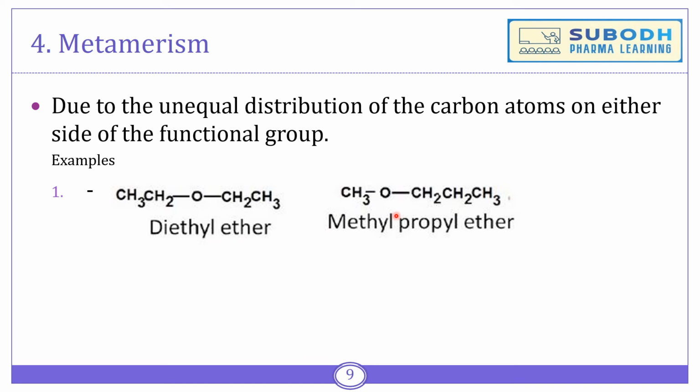In the second structure, the methyl group is attached at one end and the propyl group is attached to another end of C-O-C, that is methyl propyl ether, and there is an unequal distribution of carbon atoms on the sides of functional group. But the molecular formula of this structure is same, that is C4H10O.